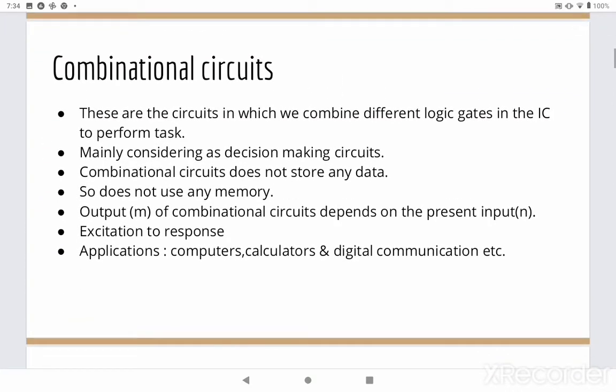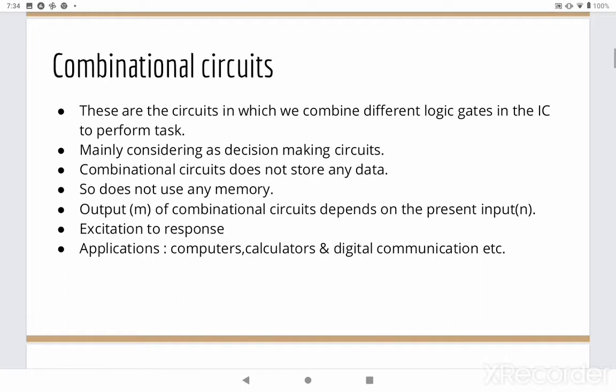Next point is about combinational circuits. These are circuits in which we combine different logic gates in the IC to perform a particular task. Its examples or applications are computer working, calculator, digital communication, etc. They are mainly considered decision-making circuits.